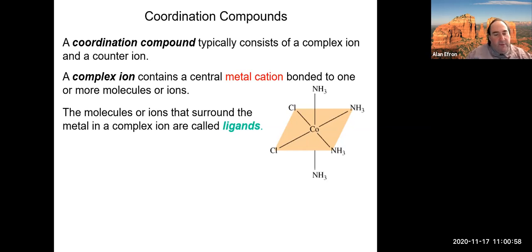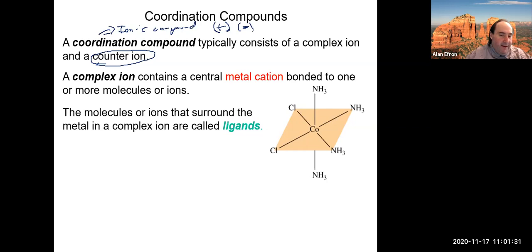It also has what is referred to as a counter ion. So we have something that's very much like an ionic compound, which means it has a positive part and a negative part.